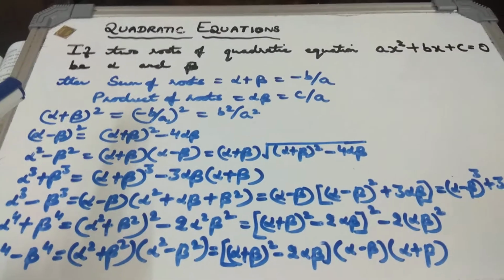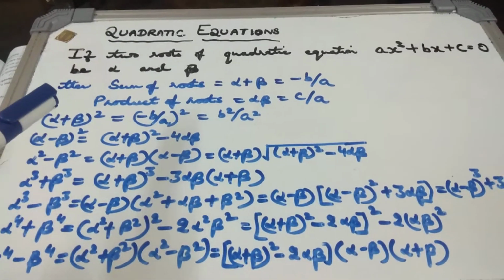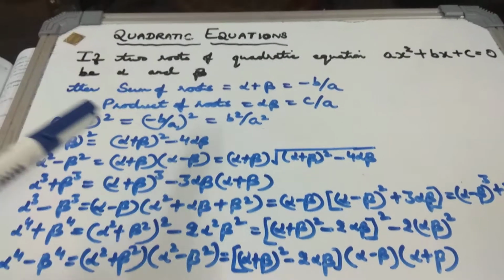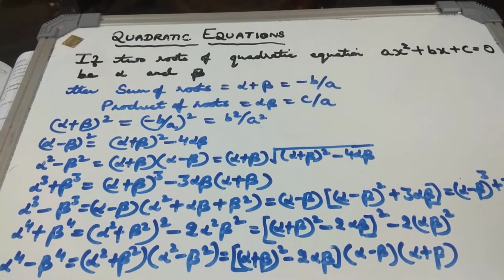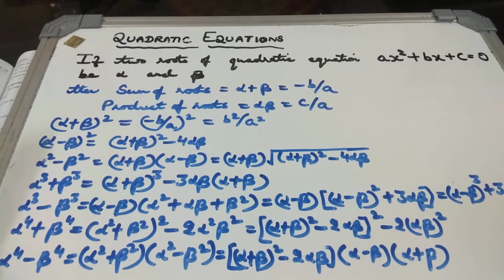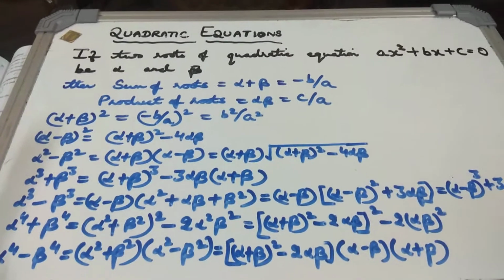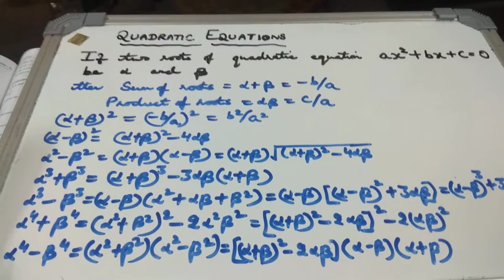So minus coefficient of x upon coefficient of x square, that is minus b by a. Similarly, product of roots is given by alpha into beta equals to c upon a, where c is the constant term independent of x upon the coefficient of x square.